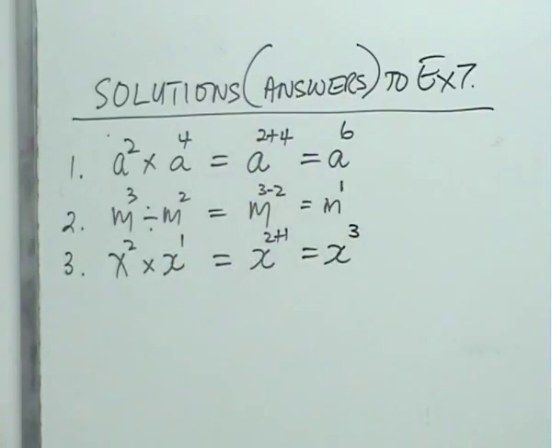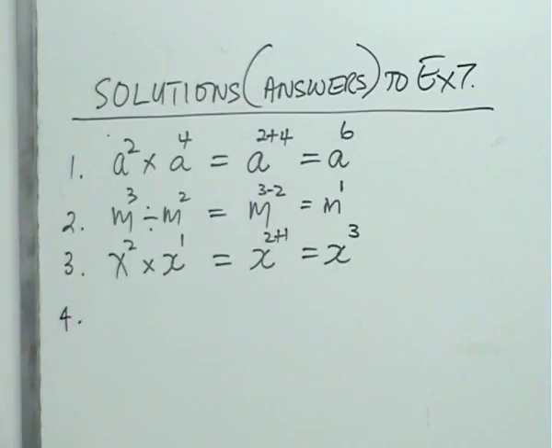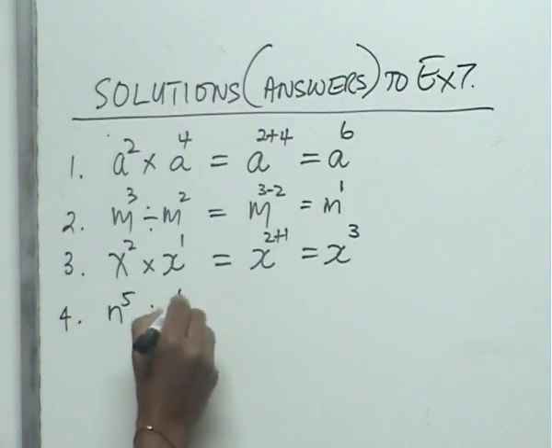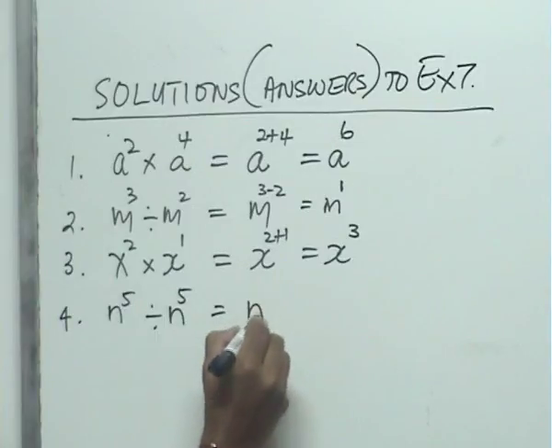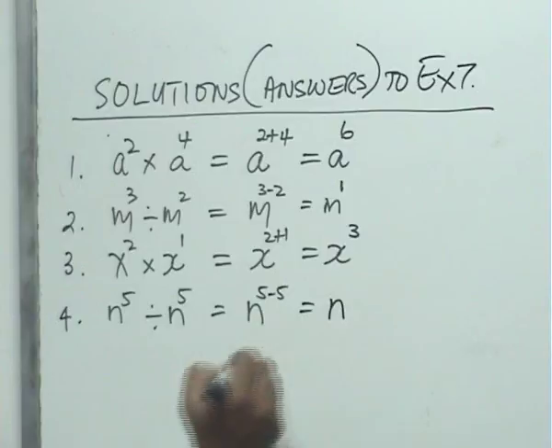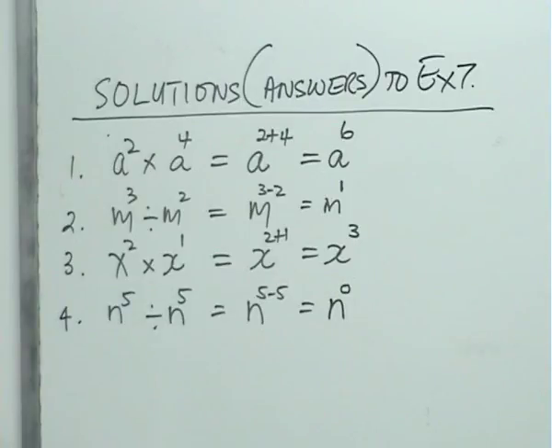There's no need for you to show this working, but I am showing it so that people understand exactly how we got the answers. Number 4, n to the 5 divided by n to the 5. So there's your n, 5 minus 5. Now, very important, 5 minus 5, the answer is 0. You must write down that 0. You cannot leave it out.